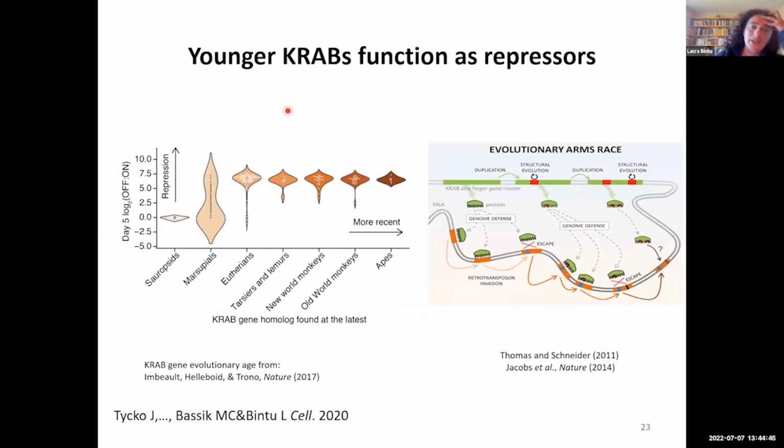And just one little tidbit that was super interesting: the KRAB domains have evolved in an arms race with transposons to silence them through vertebrate evolution. And what we found is that the most recent KRAB domains are the ones that silence, while the really old KRAB domains do not silence in our assay anymore.